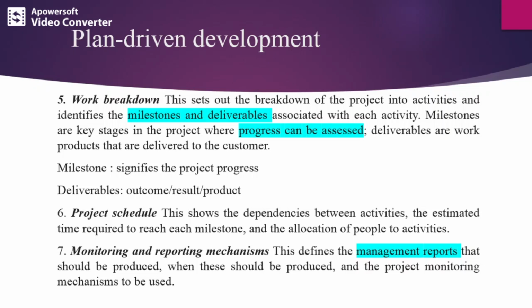The manager has to give the report of the progress of the project, might be every week. He has to specify what activities have been done, what milestone has been reached, what the deliverables are, and what mechanism has been used to monitor the activities. All of that needs to be specified in the report.